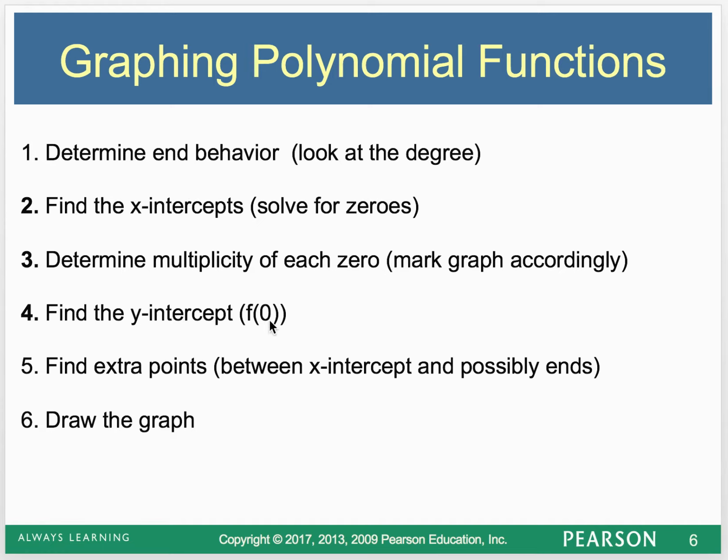Find the y-intercept, which means plug in 0. Find some extra points, right? Before we needed that extra point, we used symmetry, but now we'll talk about what kind of extra points we need, and then draw your graph through all those points.